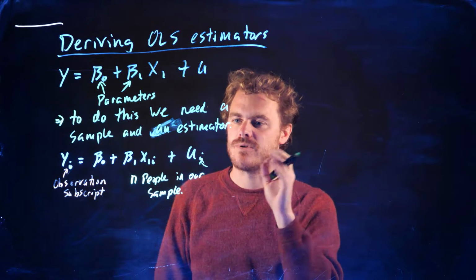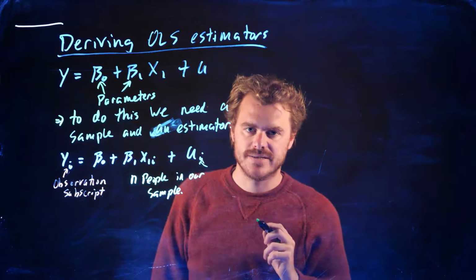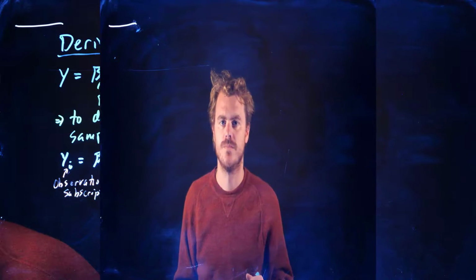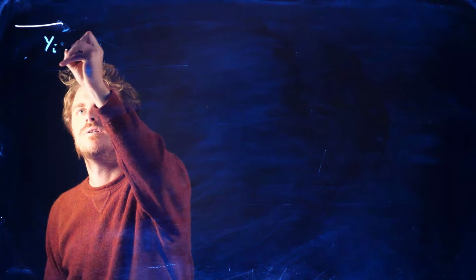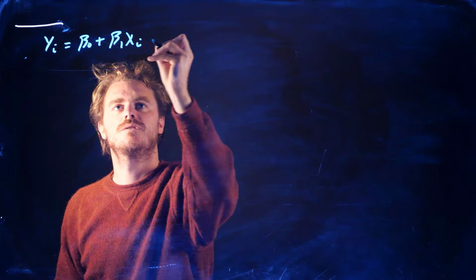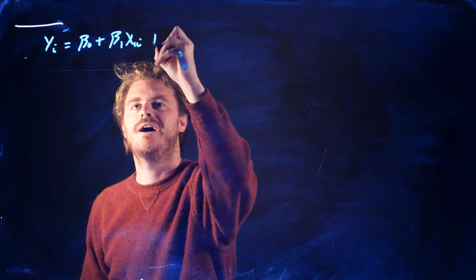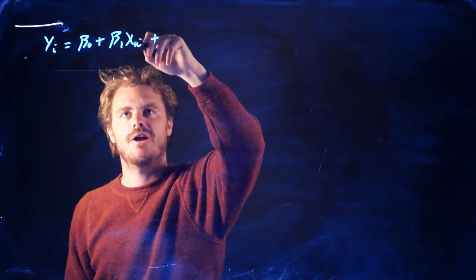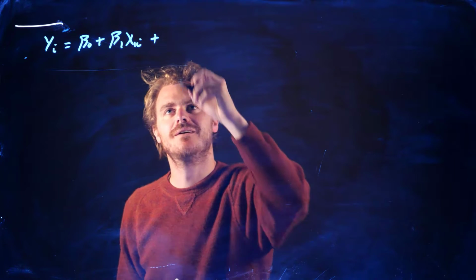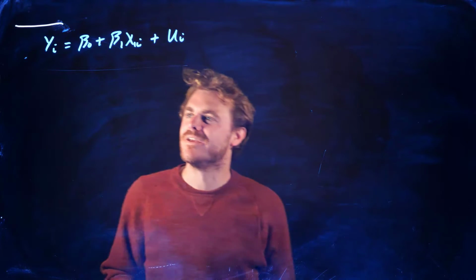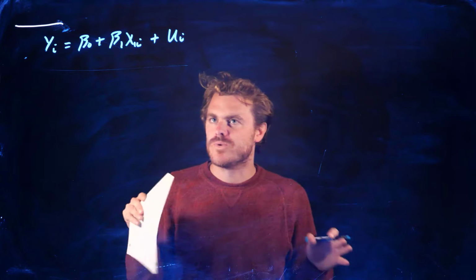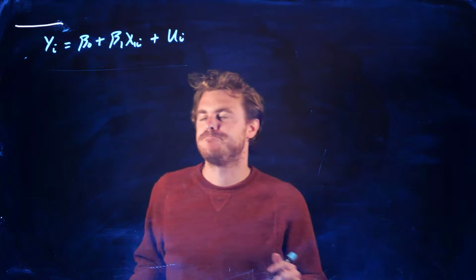Okay, so let's think about our least squares approach to coming up with an estimator, and we can derive the estimators for beta 0 and beta 1 here. All right, so we have our regression function here with these x1i. Sometimes I forget the 1, but we're only dealing with 1 x right now. So just assume there's a 1 attached to this x if I forget. Just like in class. All right, so let's rearrange this just a little bit.